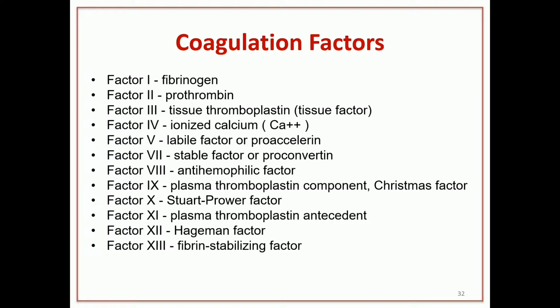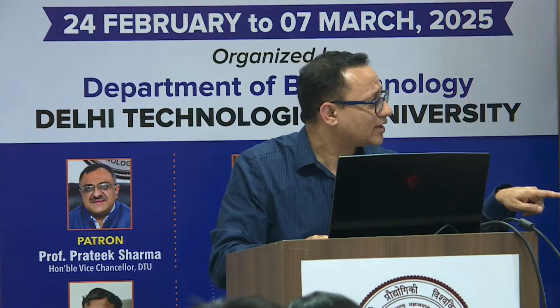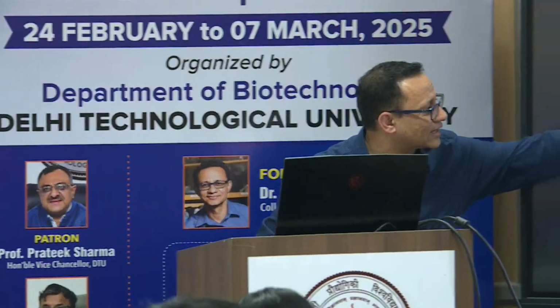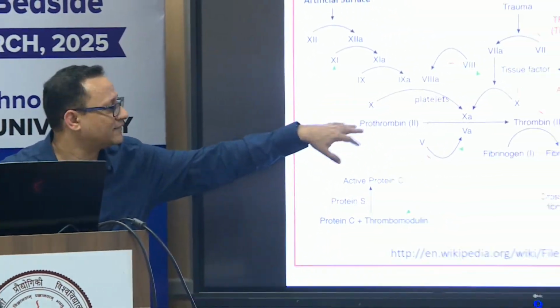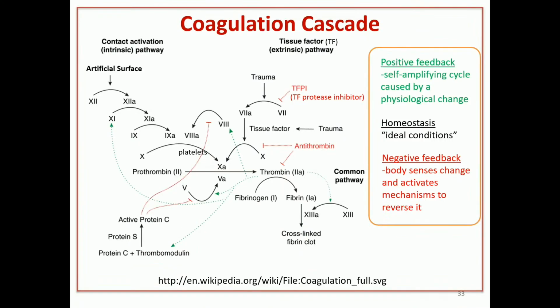Now, what's the role of calcium? You need calcium. Calcium helps in this clotting cascade, like factor 4 that we didn't talk about here. It helps these factors get activated.